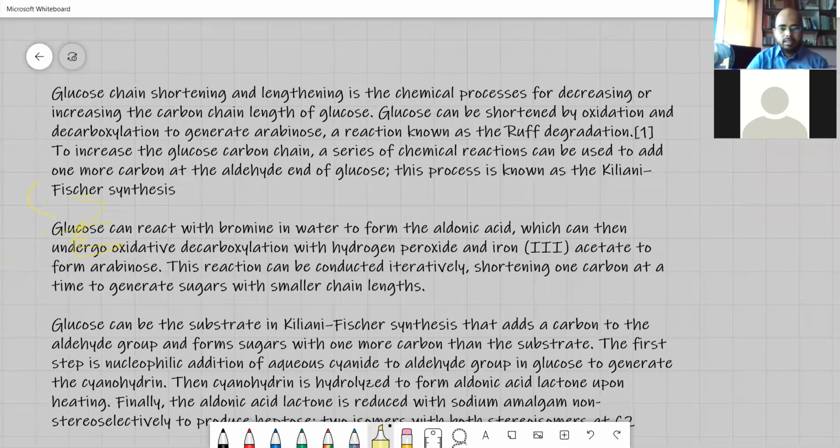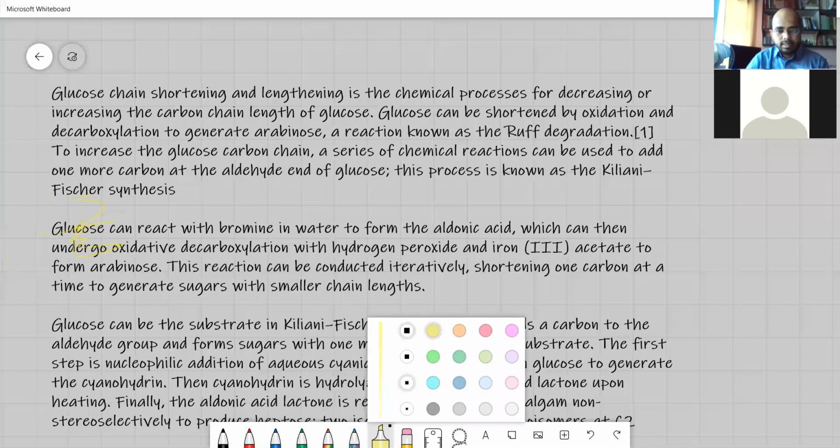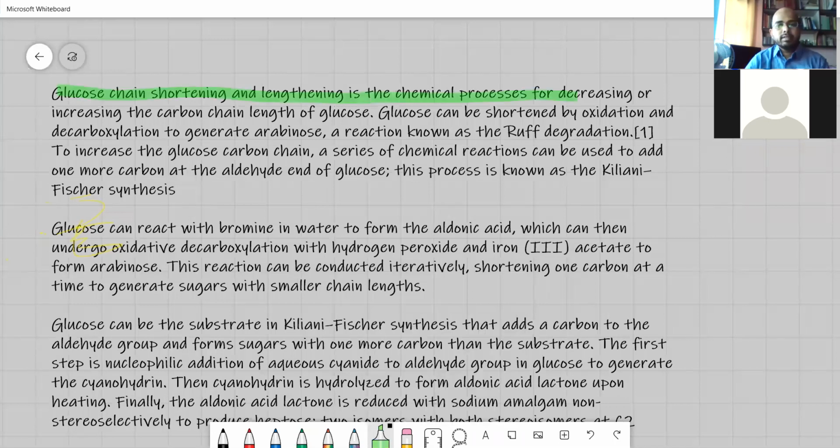Glucose chain lengthening and chain shortening is a chemical process of decreasing or increasing the carbon chain length of glucose.